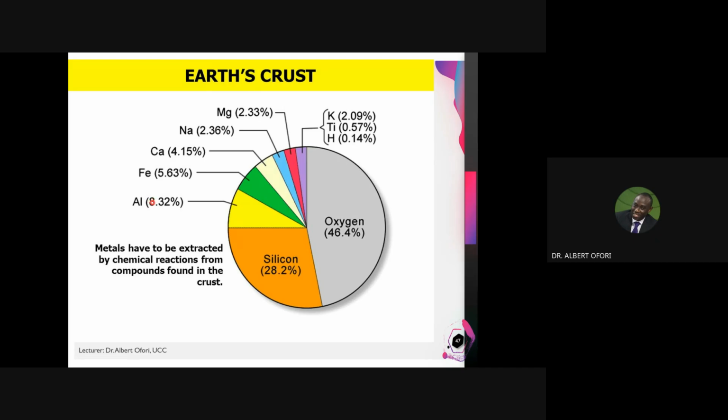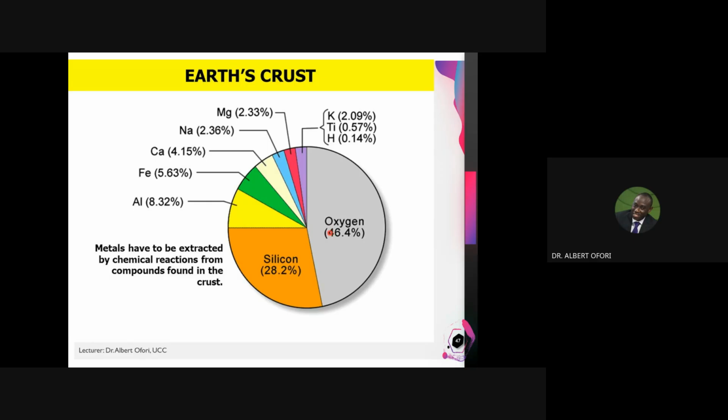We have 3 towns still mining aluminium in the form of bauxite. But then we don't really convert it. We just export the stone, they go and bring their pure aluminium, and then we rather change it into sheets and pans. Well, silicon, which is the sand, and oxygen also have a lot of deposits in the earth crust. That's why we can survive on the earth.